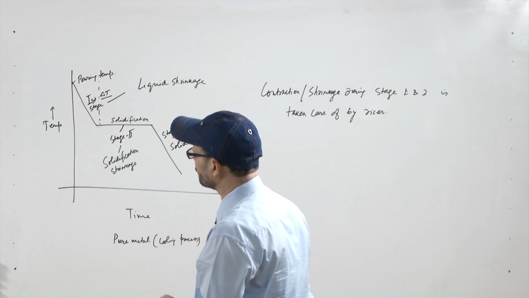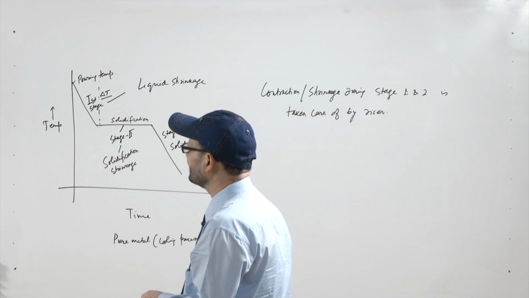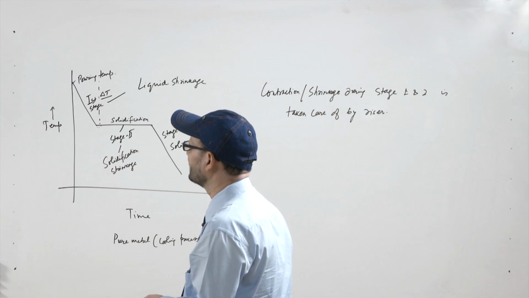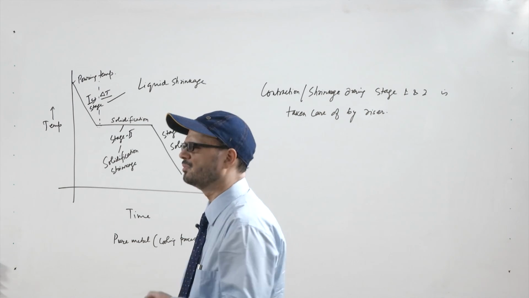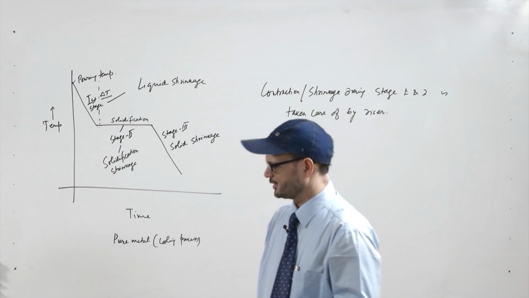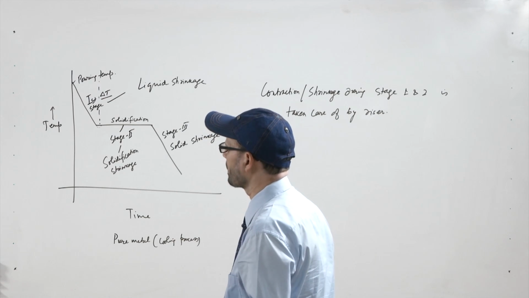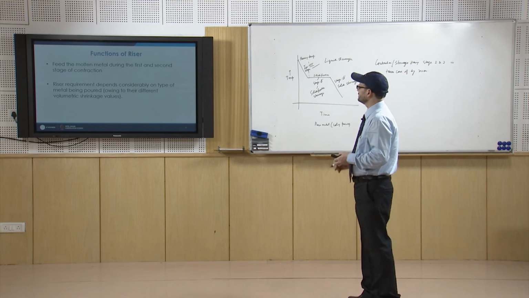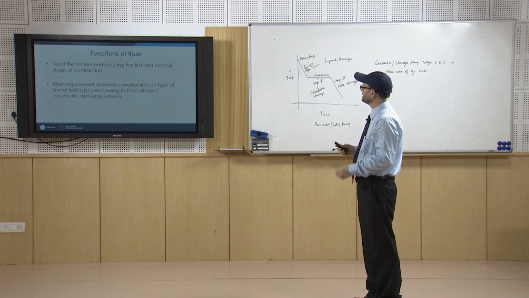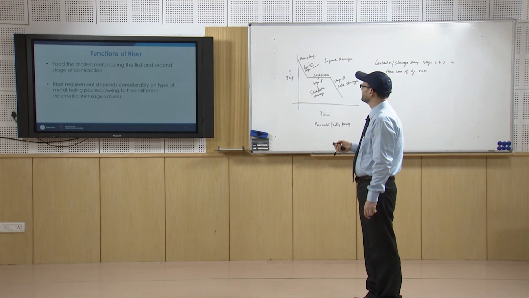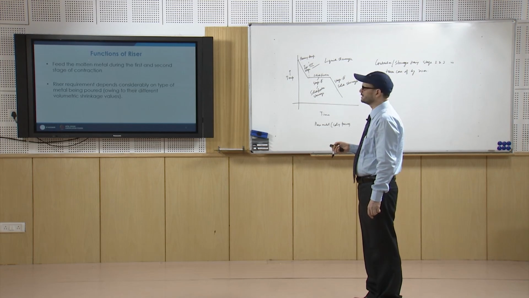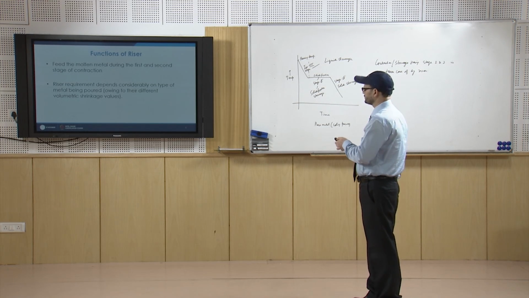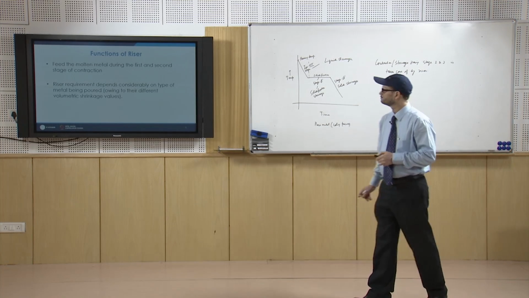Now, we have studied that contraction is a result of change of density accompanying the transformation from liquid to solid state. Function of riser. So, what we have seen is that the function of the riser is to feed the molten metal during the first and second stage of the contraction.